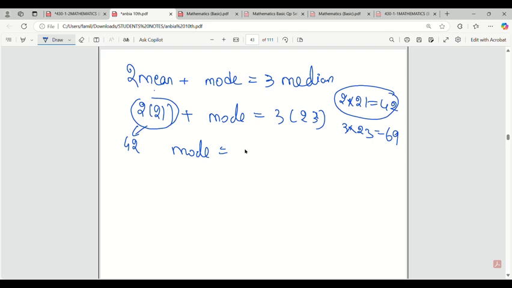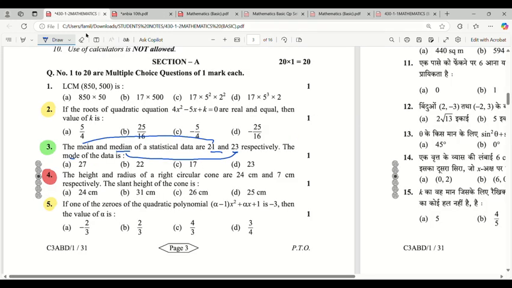So mode is equal to 69 minus 42, which will be 27. Yeah, so the mode is 27. What is the mode? Here, see, option A.